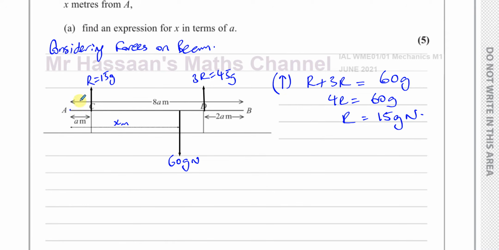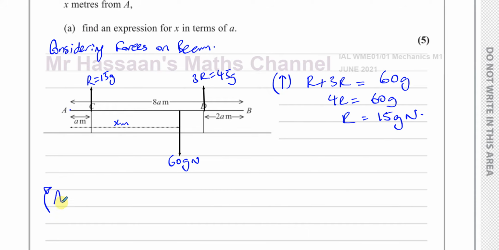If we didn't know one of the forces, then we could take moments about C or D, the one we didn't know, and that would eliminate the unknown from the equation. But here we know both forces, and instead of adjusting your answers in terms of a's in the end, it's more sensible to just take moments about A. That's what I would personally do.